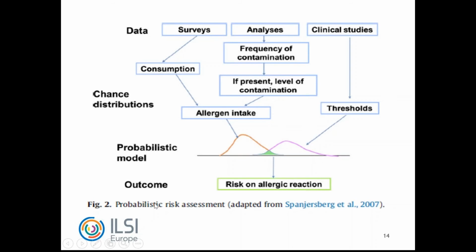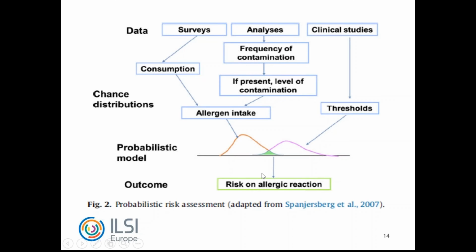So I provide a picture or illustration of probabilistic risk assessment that was developed by TNO. And this illustration gives a nice pictorial view of what's going on in a probabilistic model, which essentially, if you're using Monte Carlo analysis to look at a random sampling of a threshold value in conjunction with what we know about the allergen intake or exposure dose, which again uses the distributions of the dietary surveys or consumption, as well as what we know about the analytical assessment of that unintended allergen presence.